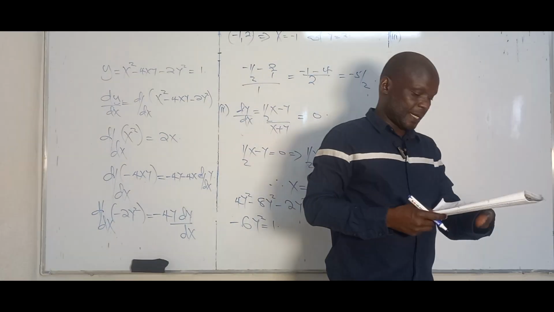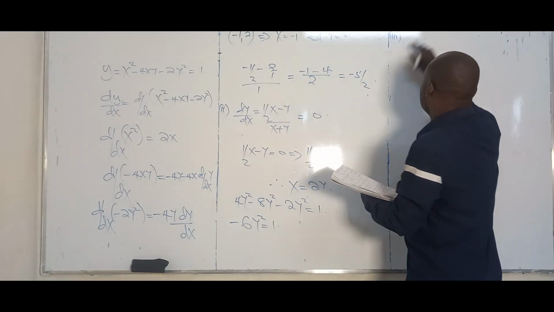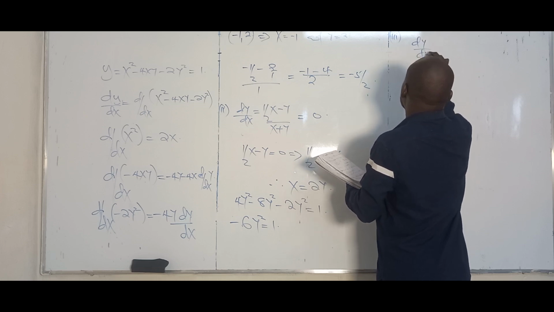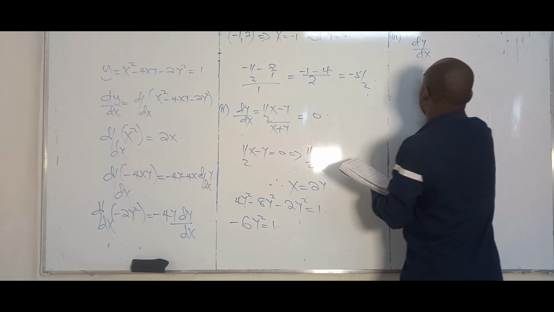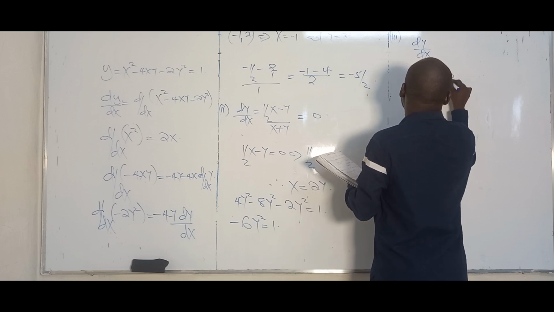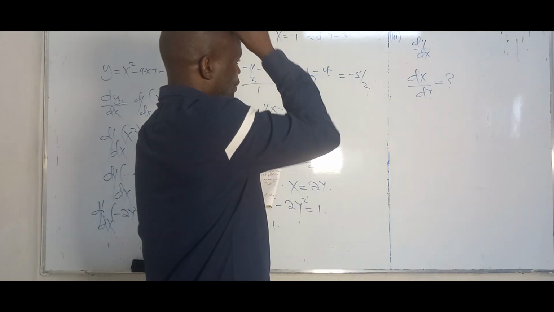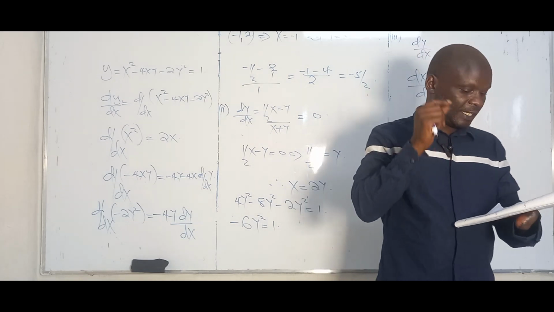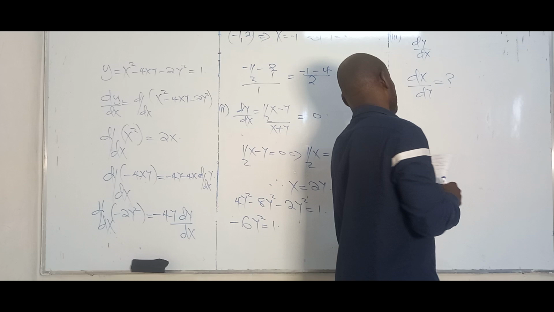And here again we note that the tangent is parallel to the y-axis where, look, we are used to having dy/dx. But can we try to figure out what dx/dy will look like? Because if we do that, then we will see that the tangent is parallel to the y-axis where dx/dy is 0.